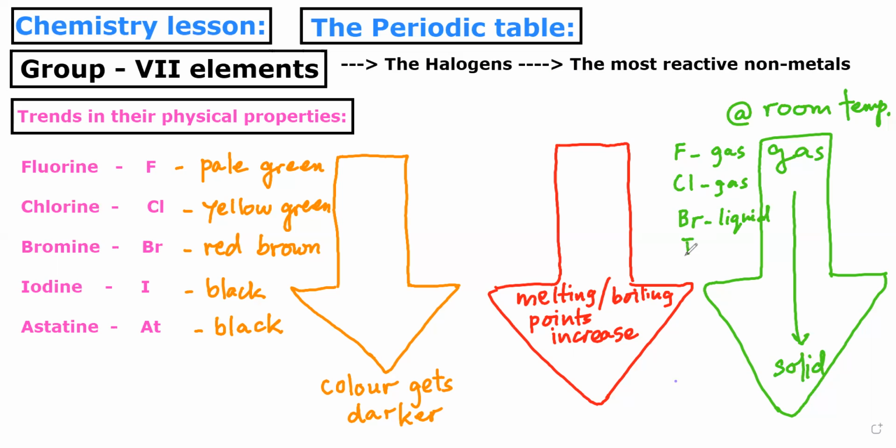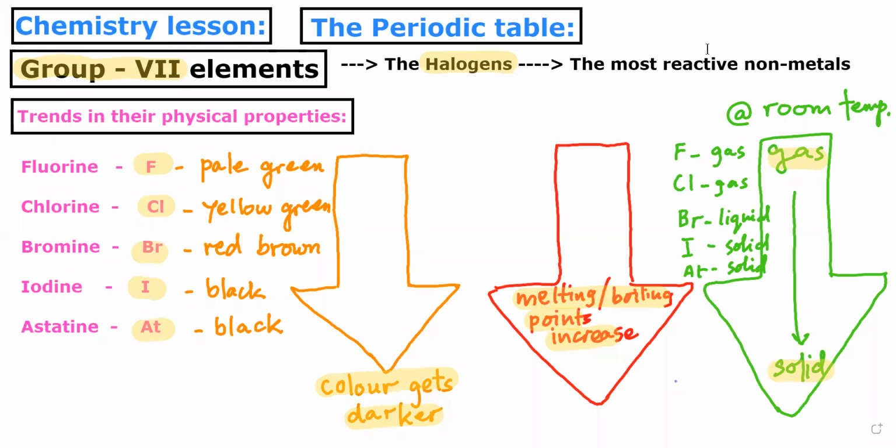Then you have iodine and astatine, which are solid. So as we go down, the state changes from gas to solid. This is the main overview of the physical properties of group 7 elements, the halogens.